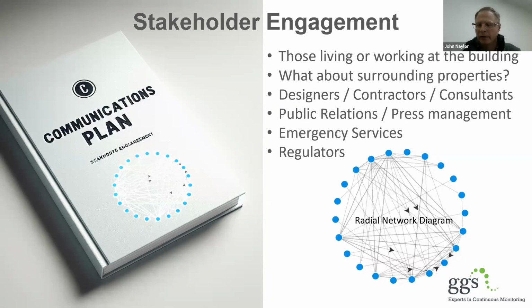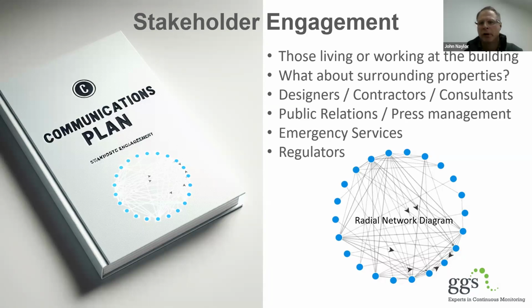There are lots of different tools out there, but the example shown on the screen is a radial network diagram. Each of those blue dots represents a stakeholder and how they interact with other stakeholders in that communications plan. So there are tools out there that can help you figure out who to engage with.